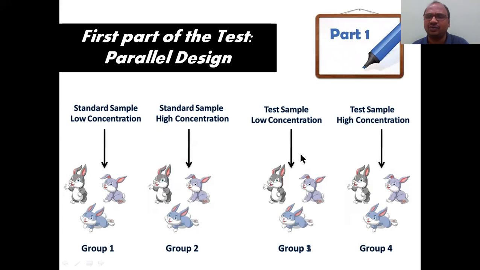At a time we can give all 4: standard low and high concentration, and test sample low and high concentration. You can give them on the same day. You give the insulin by the SC route, and you check the marginal ear vein.